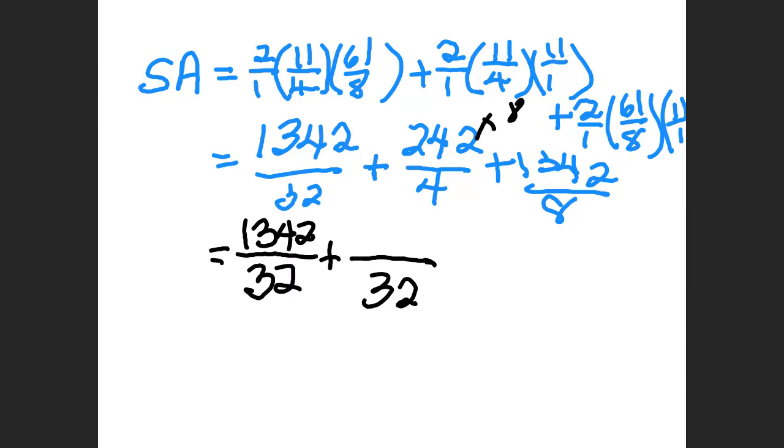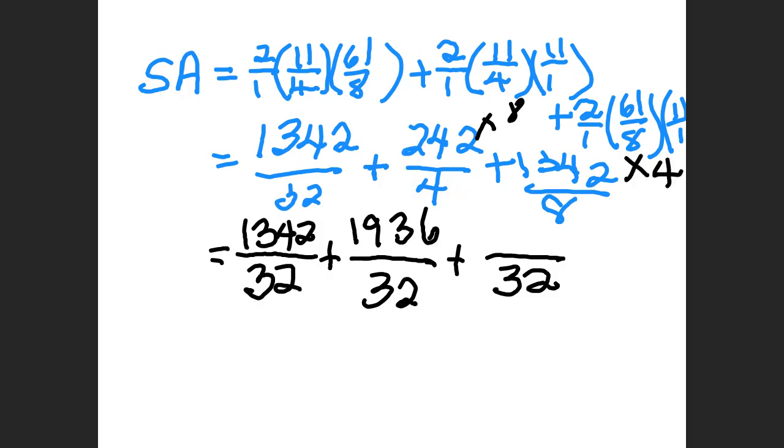That means I'm multiplying 242 times 8. This gives me 1,936. I also need to make this the common denominator of 32, which means I'm multiplying 1,342 times 4.